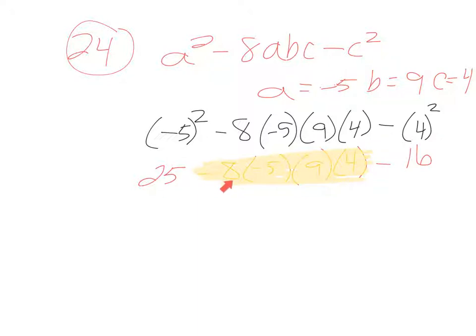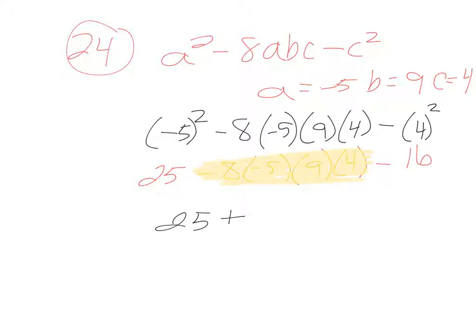So when I look at all of this multiplication, negative 8 times negative 5 times 9 times 4, I'm looking to see how many negatives there are in the problem. There are 2. There's an even amount of negatives, and we know that that's a positive. So it's going to be 25 positive, or plus.